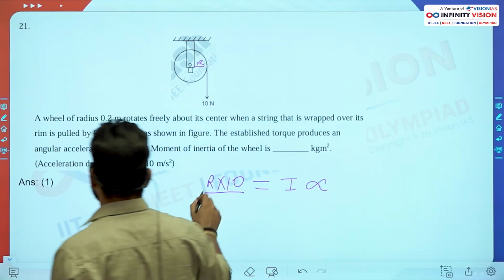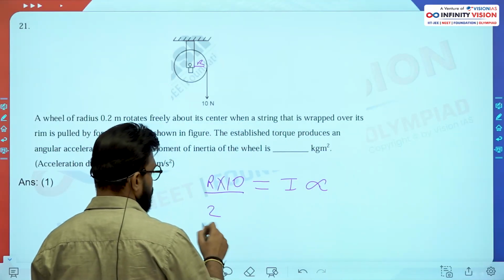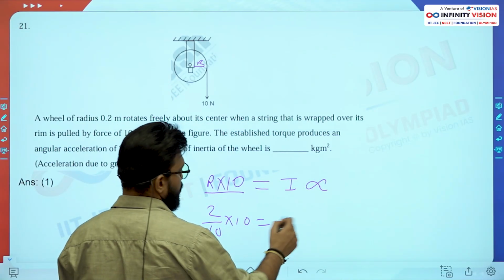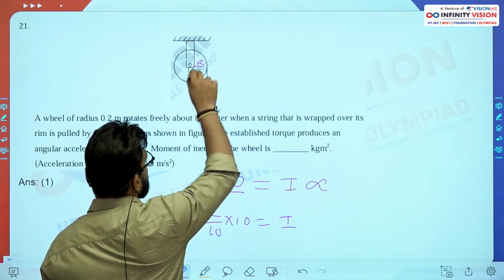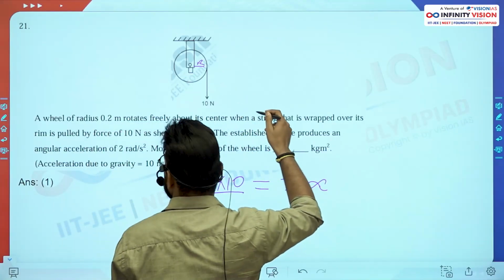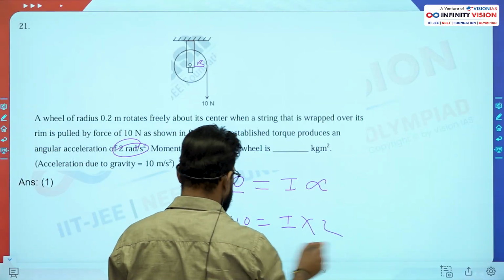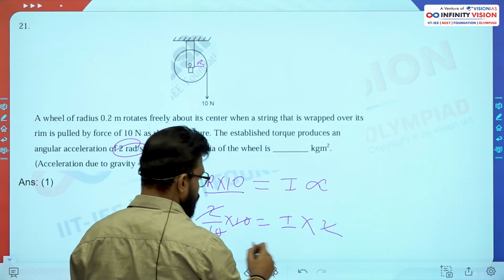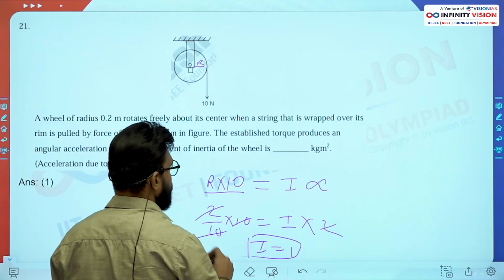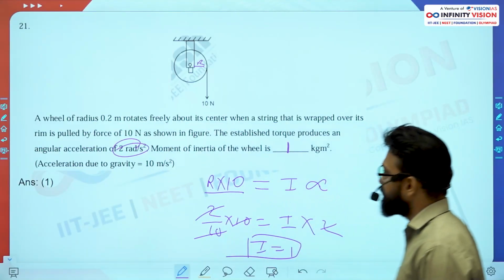The radius is already given as 0.2, which is 2 by 10, into 10. Let the moment of inertia of the rotating wheel be I, and the angular acceleration is 2. So it comes out to be 1. The final answer that we are getting is 1.